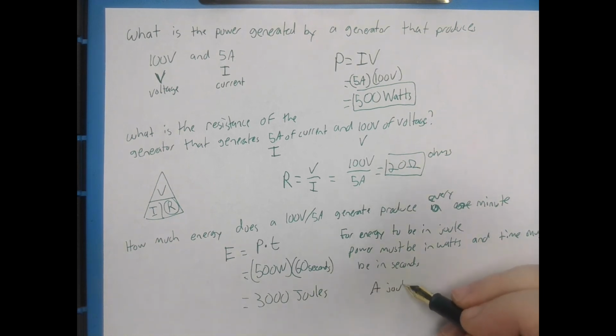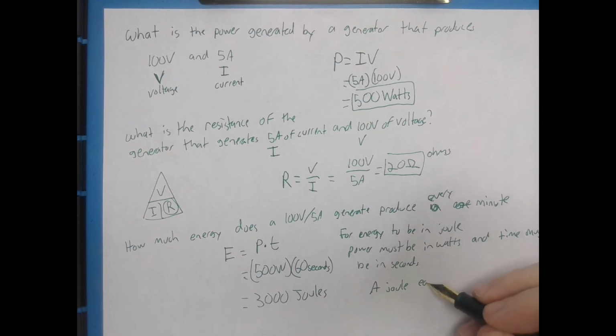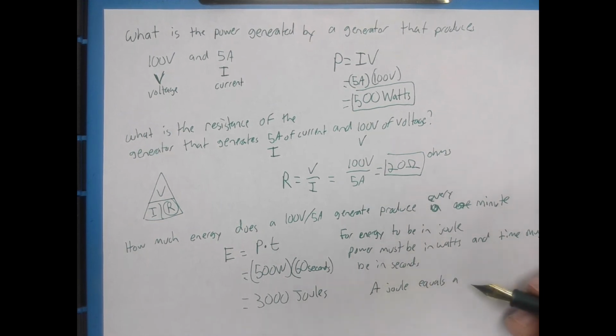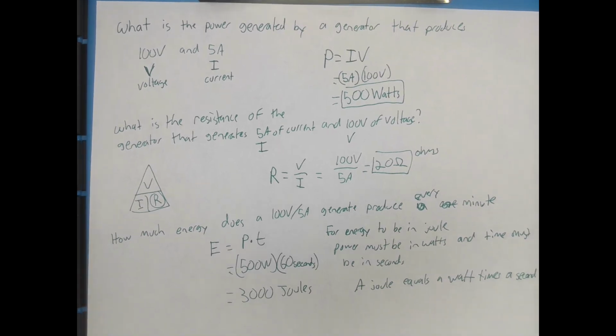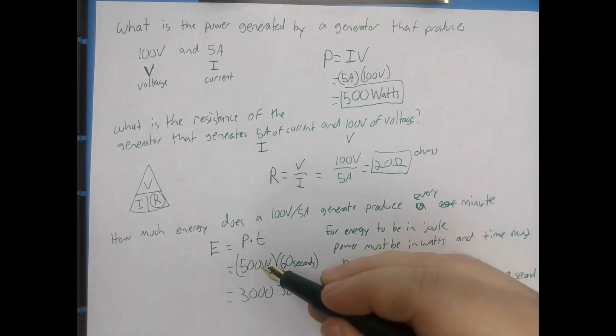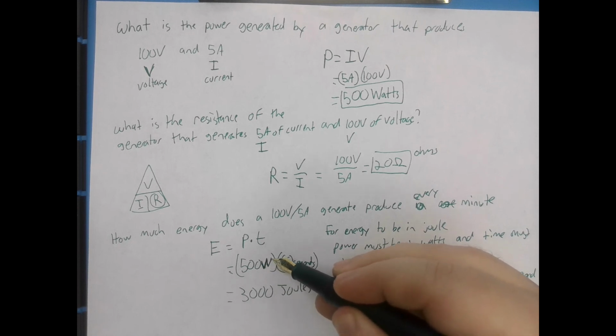A joule equals a watt times a second. It's literally a watt times a second.